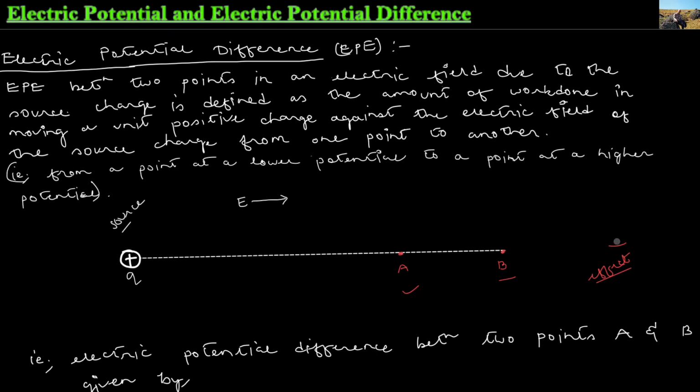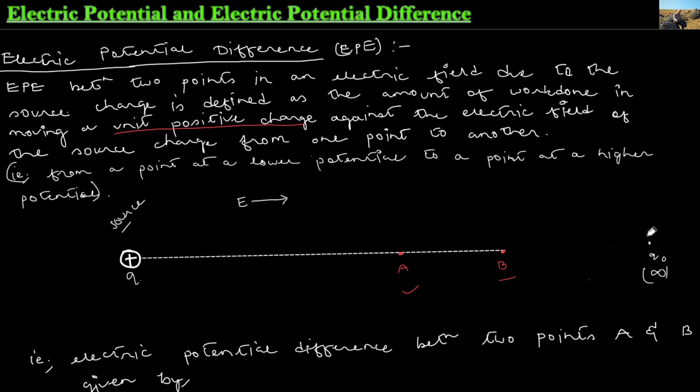So in this case, in order to find the electric potential due to the source charge, we have to take a unit positive charge. You always have to consider a unit positive charge. Let this charge Q naught be located at infinity.